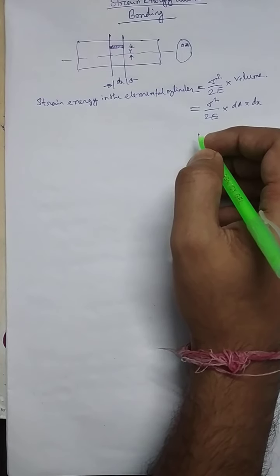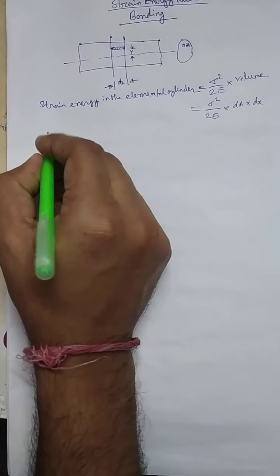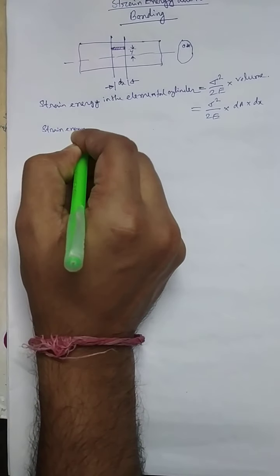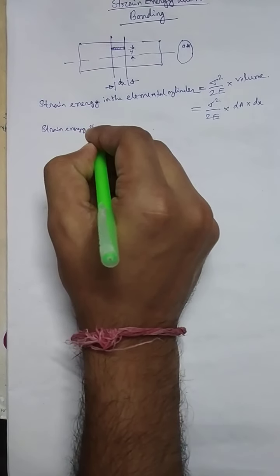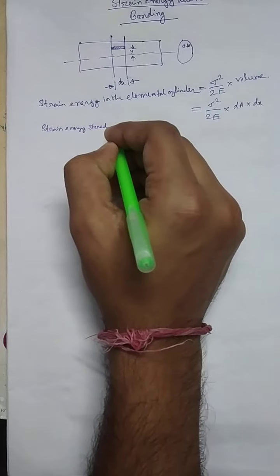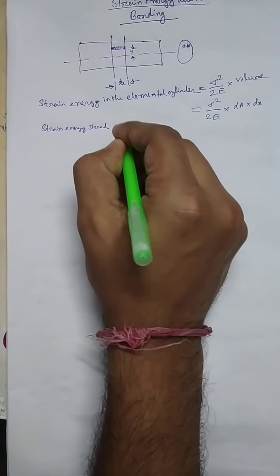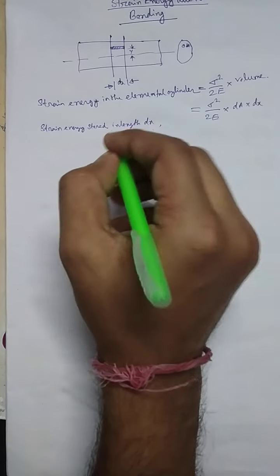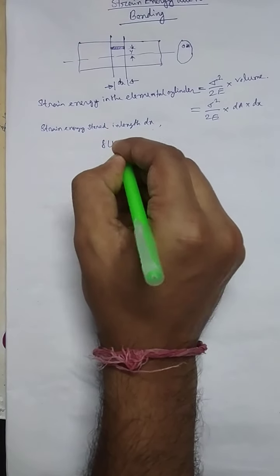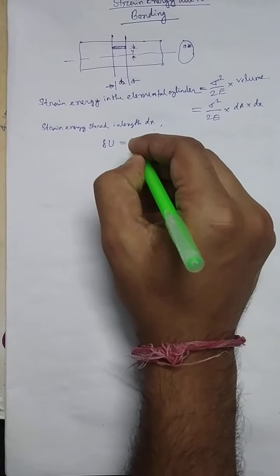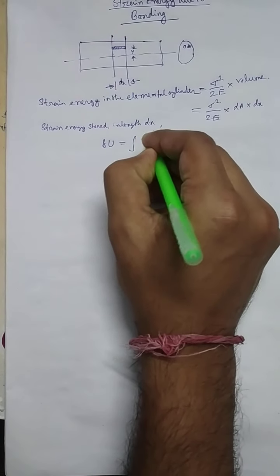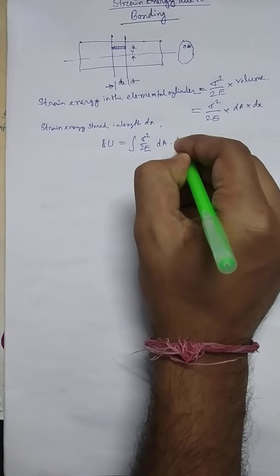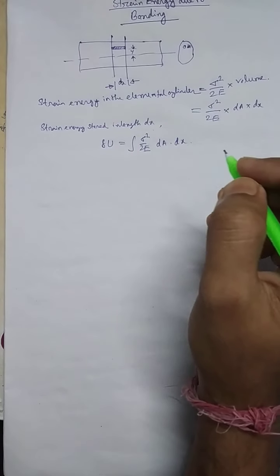Now if we consider the strain energy stored in the length dx, and call it del u, then it will be the integration of sigma square by 2E into dA into dx.